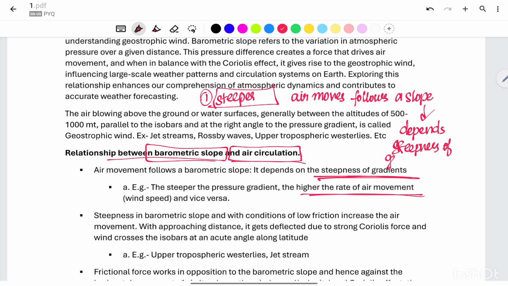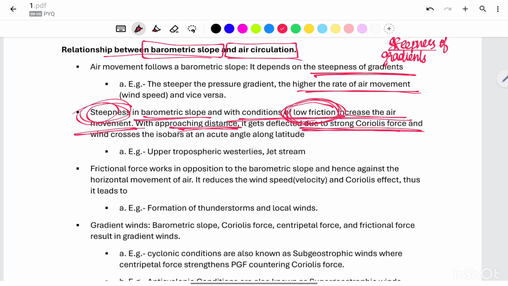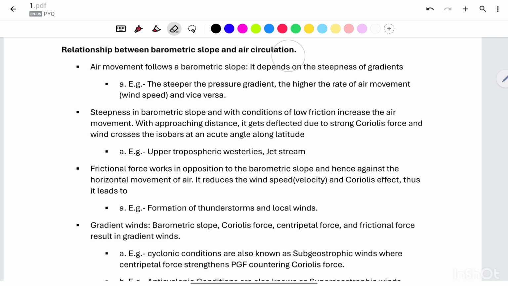Again the steepness in barometric slope, and with conditions of low friction, we are also giving a mention of friction, plus low friction increases the air movement. With distance, it gets deflected due to strong Coriolis force, and wind crosses the isobars at acute angle along the latitudes.